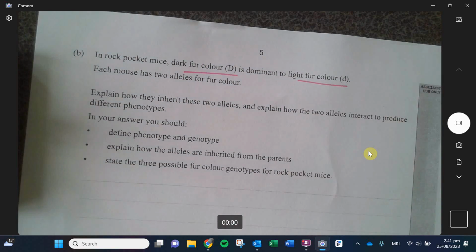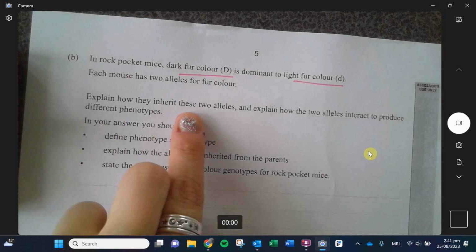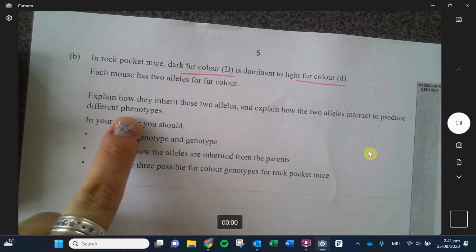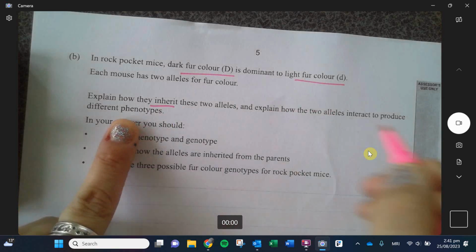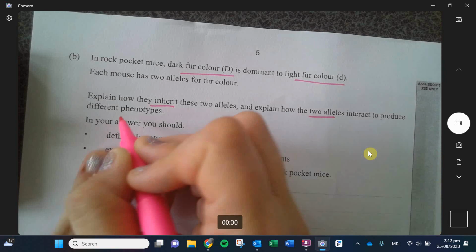Each mouse has two alleles for fur color, which makes sense because we inherit one from mom and one from dad. Explain how they inherit these two alleles and explain how these two alleles interact to produce different phenotypes. So how do we inherit, and also how these alleles produce different phenotypes.